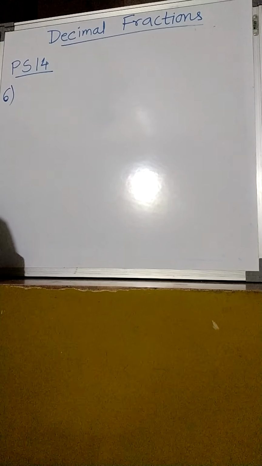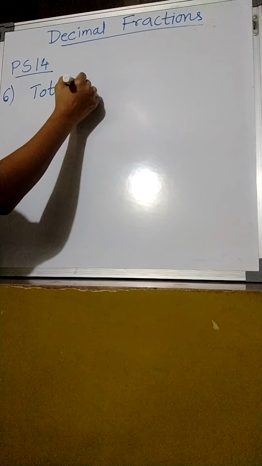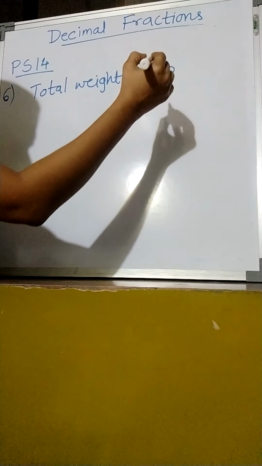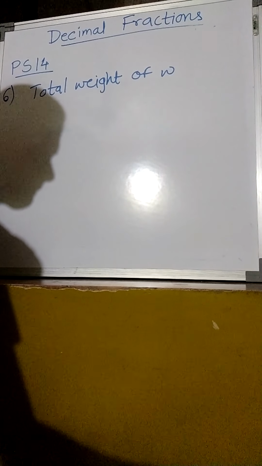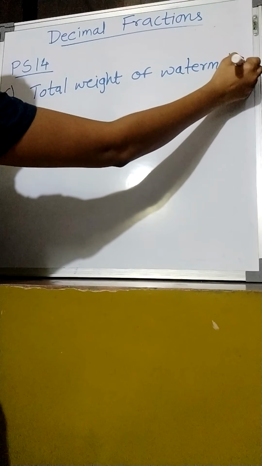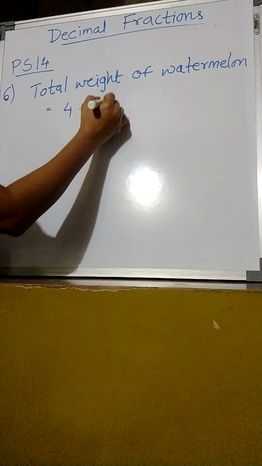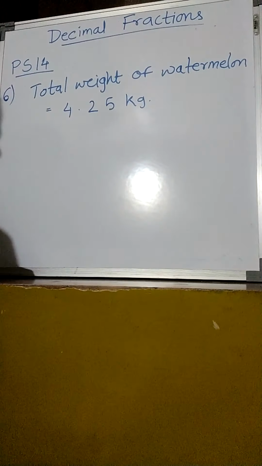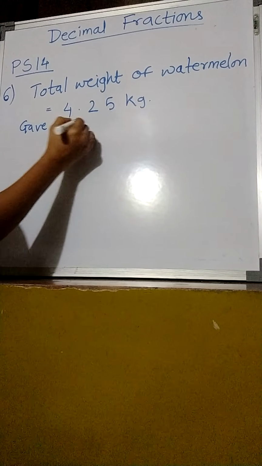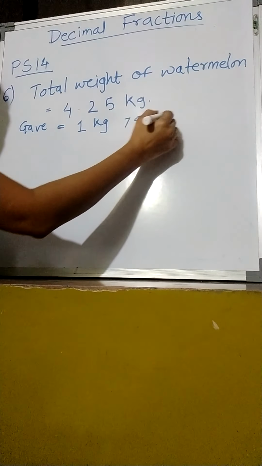Right? What is the total weight of the watermelon? Total weight of the watermelon is 4.25 kg. How much did she give? 1 kg and 750 gram.